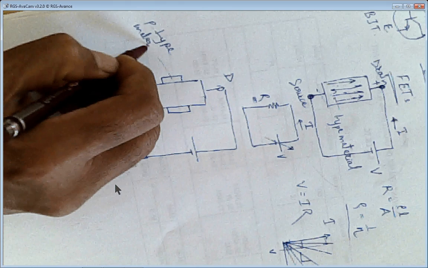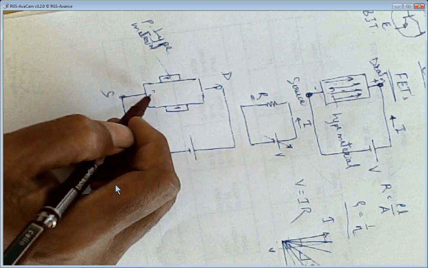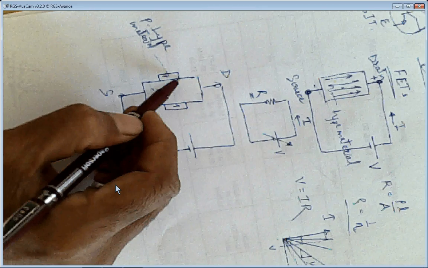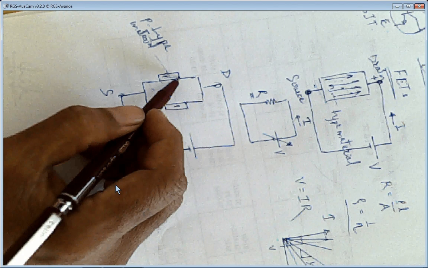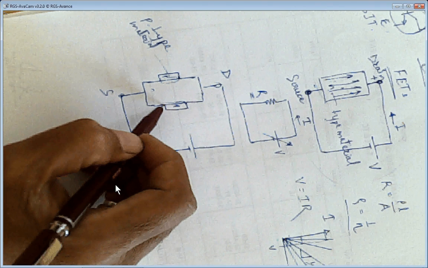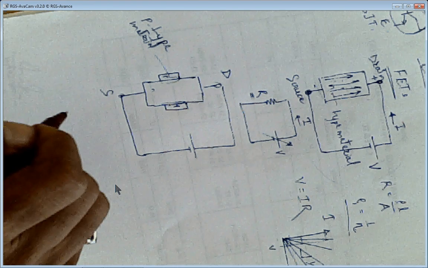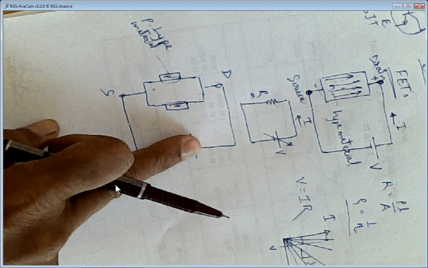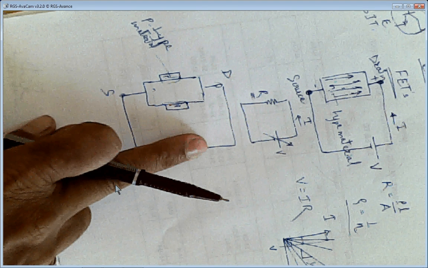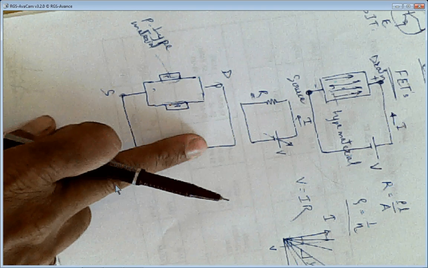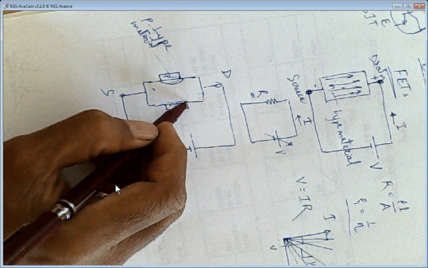So whenever there is heavily doped P-type material, P and P, whereas this is N, and there is a junction, a depletion layer will be formed in this area. Just because of a P-N junction, there will be a depletion layer. Irrespective of whatever voltage you give, even if you don't give voltage, there will always be a depletion region between the P and N junction, as you know from diode working. This depletion layer will be more in the N-type material.